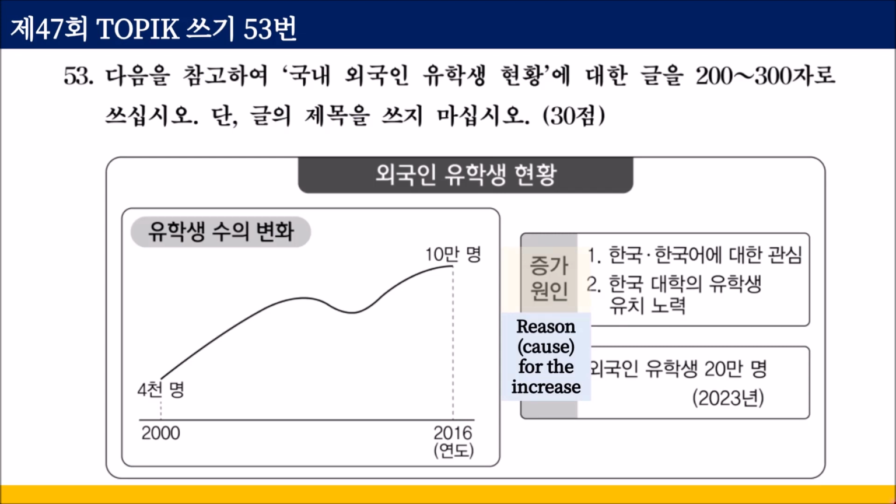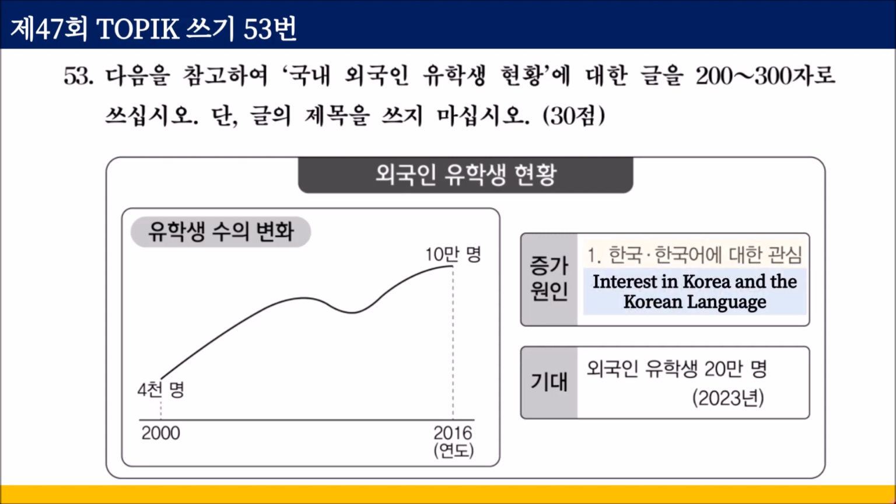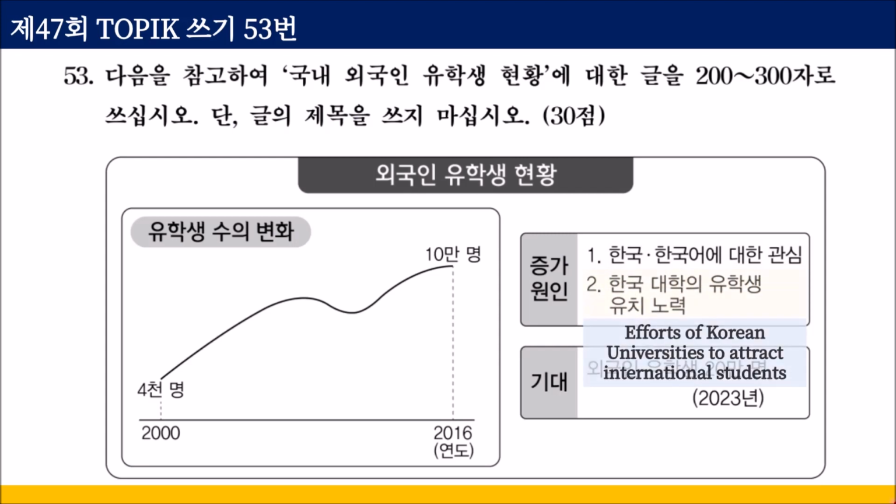증가 원인, reason or cause for the increase. The first reason, 1번. 한국, 한국어에 대한 관심, interest in Korea and the Korean language. 2번. 한국 대학의 유학생 유치 노력. Efforts of Korean universities to attract international students.